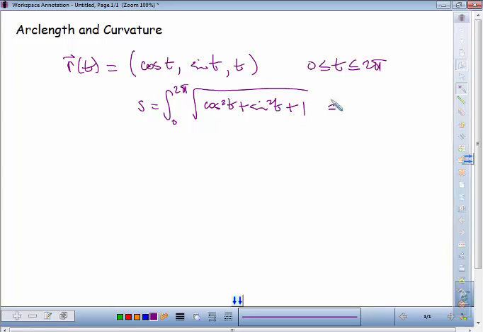Because then the derivative of sine cosine was 0. Oh, then we might have done it incorrectly. All right, let's redo this problem again.